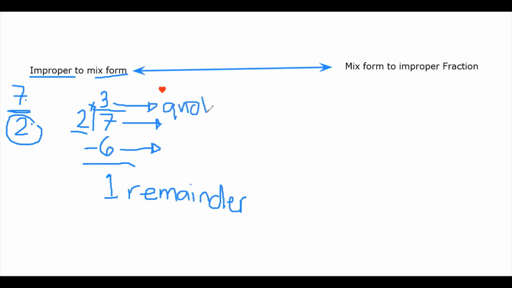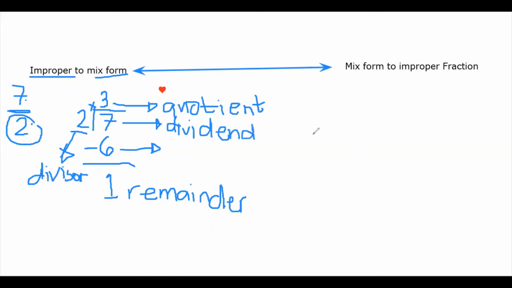Do not ever forget this, mga ka-learners, because it is very, very important. Quotient. And this is the divisor. And 7 is the dividend. Do not forget that. This matter is really, really important. Dividend.